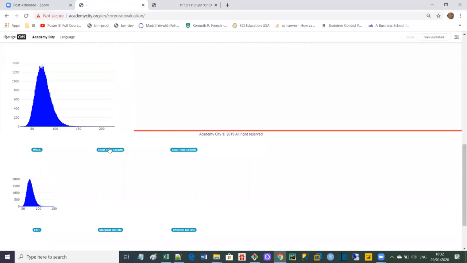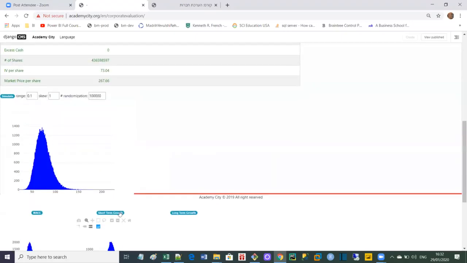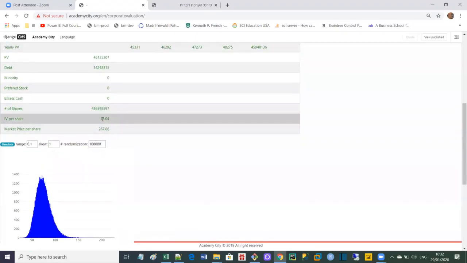You have the same thing for, in fact, all the other variables. We see that the short-term growth doesn't really affect much, because the value will be about 72 to 74, which is quite close to the value we got here.